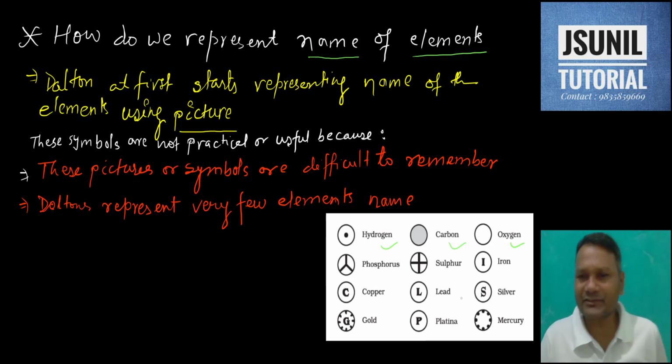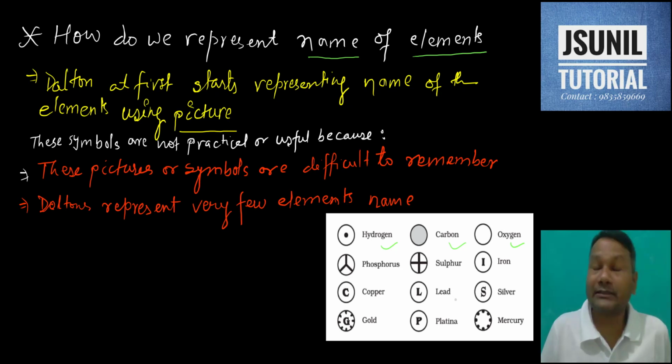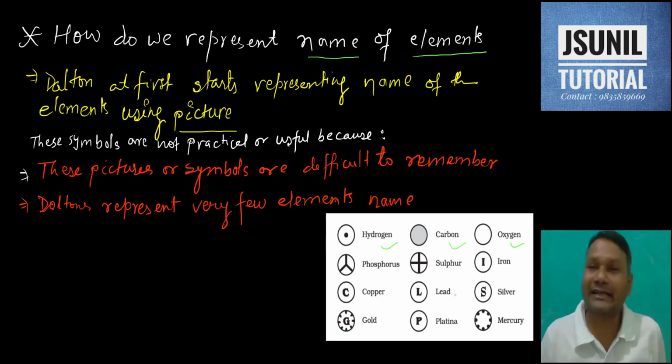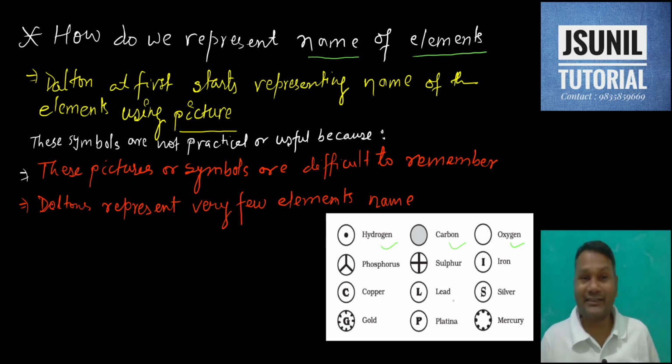Here is a list of some of the pictures, but these pictures are too difficult to memorize, and even Dalton could not represent the names of all the elements present at that time. Therefore we needed more ideas and different people to represent the names of the elements.